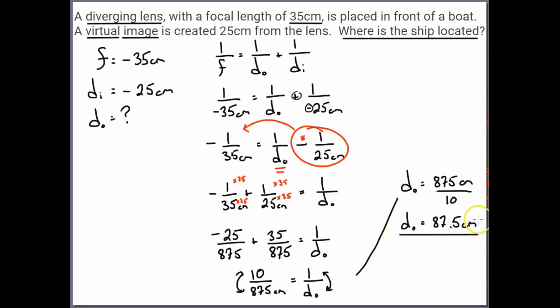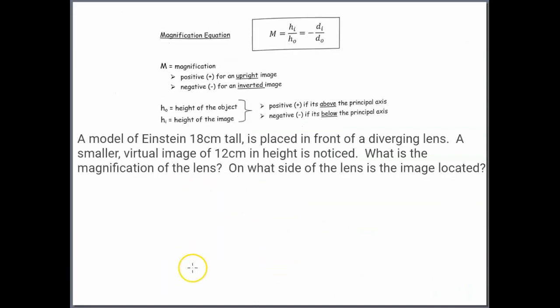Not so bad. Let's look at the last equation we use in our optics unit. This one is called the magnification equation. Now don't get confused by the fact that we have two equal signs. That just means that magnification can be equal to HI over HO, but magnification can also be equal to negative DI over DO.